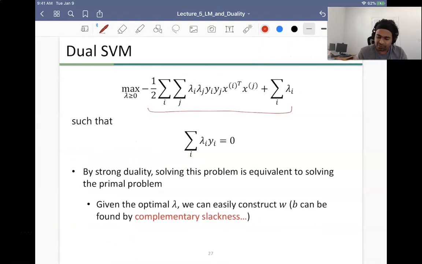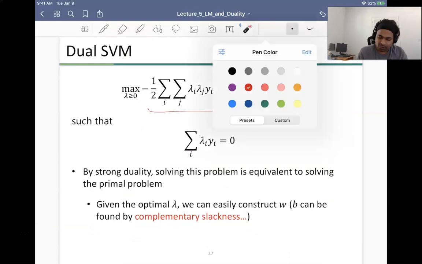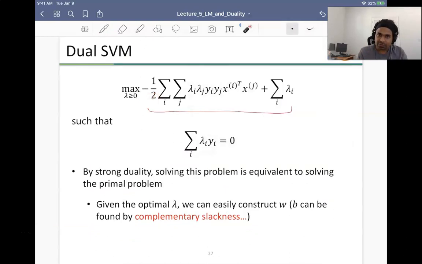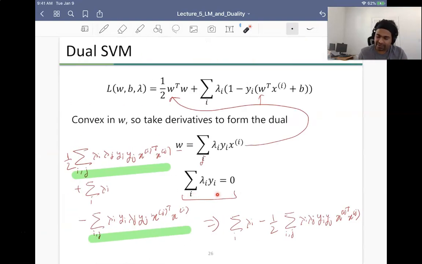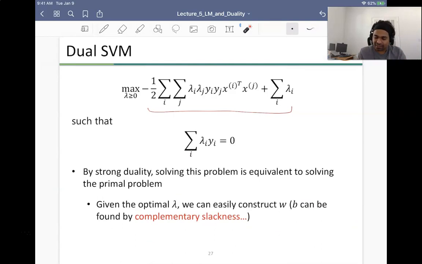This is exactly what I see over here: the minus half term, plus the sum over i of lambda_i. But there is this additional constraint that the sum over i of lambda_i y_i should be equal to 0. It's not in terms of w, so I can't plug it into this equation. I just need to add it as a constraint, so it's subject to this term being equal to 0.